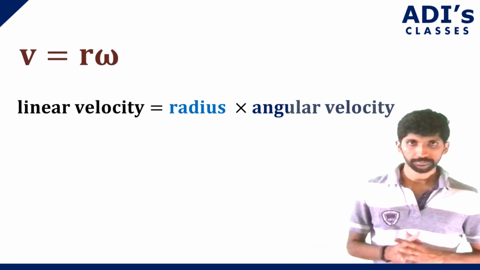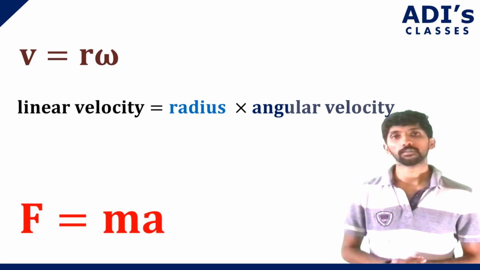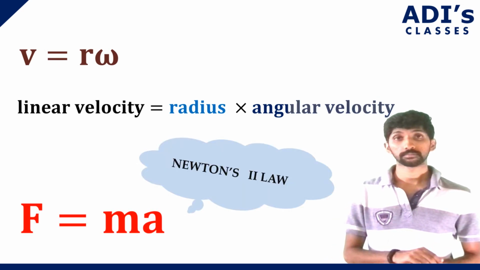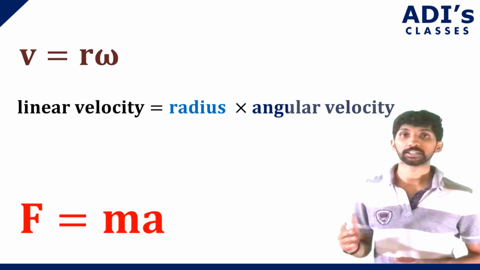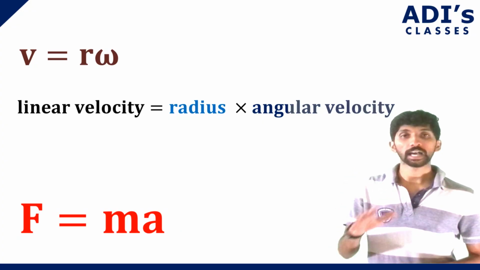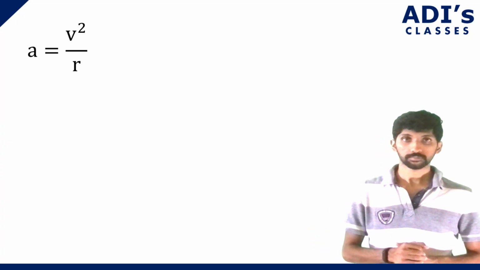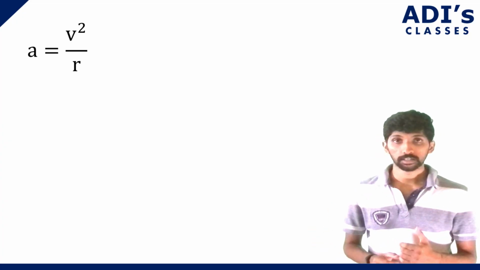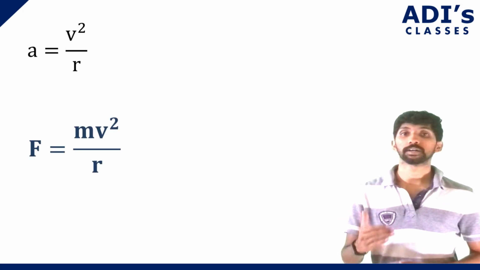Now, coming to force. Force is equal to m into a, right, Newton's law. What is acceleration in such cases? Acceleration is v squared by r. So we get the force F equals m v squared by r.